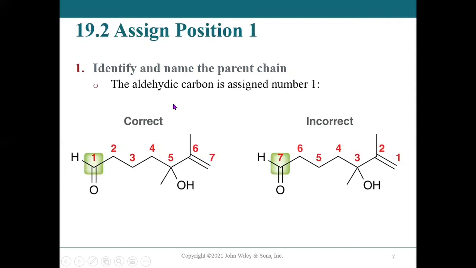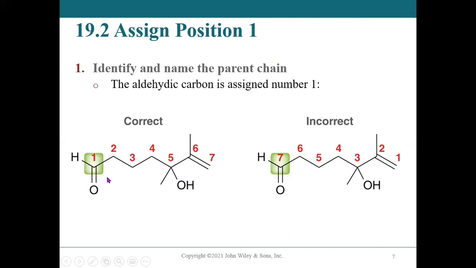Identify and name the parent chain, continued. The aldehyde carbon is assigned number 1. So we see in this molecule, we have the aldehyde and alcohol and alkene. So the priority will be given to the aldehyde.